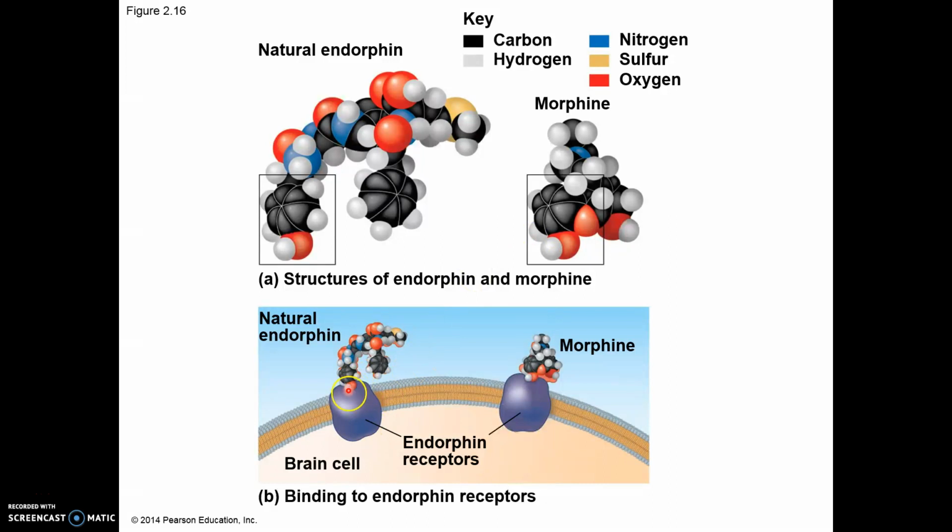Down here, we have a representation that this endorphin receptor that's in your brain cells is binding this region right here. If you look at this region, that looks extraordinarily similar to this region on morphine. The fact that they look the same means that they can both bind to these sites.